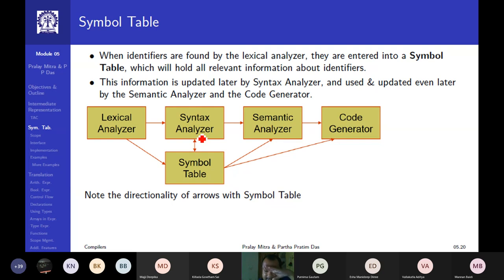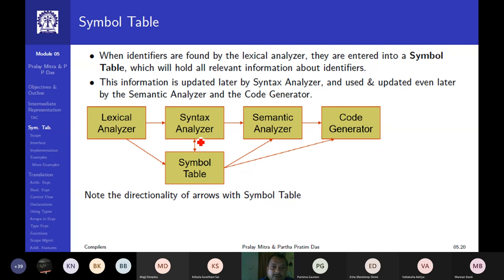Now the syntax analysis stage, it is both ways. If something is missed out at the lexical analyzer, that information is added. At the same time, it does a lookup. So whenever I have got a variable identifier or integer constant, I check whether it exists in the symbol table. If yes, then it returns the address.